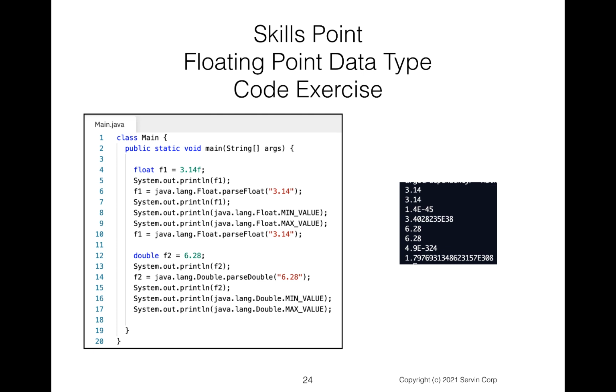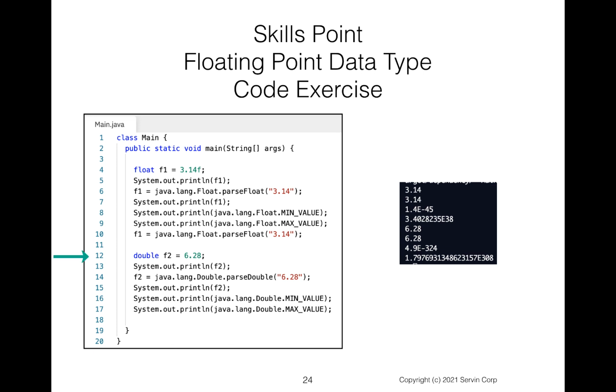Also, you can see at lines 8 and 9, the floats can also show you the min and the max value. So notice we've got the min and the max value from that at lines 8 and 9, seeing the output on the right side of the screen. And then at line 12, we do a double, f2 equals 6.28.